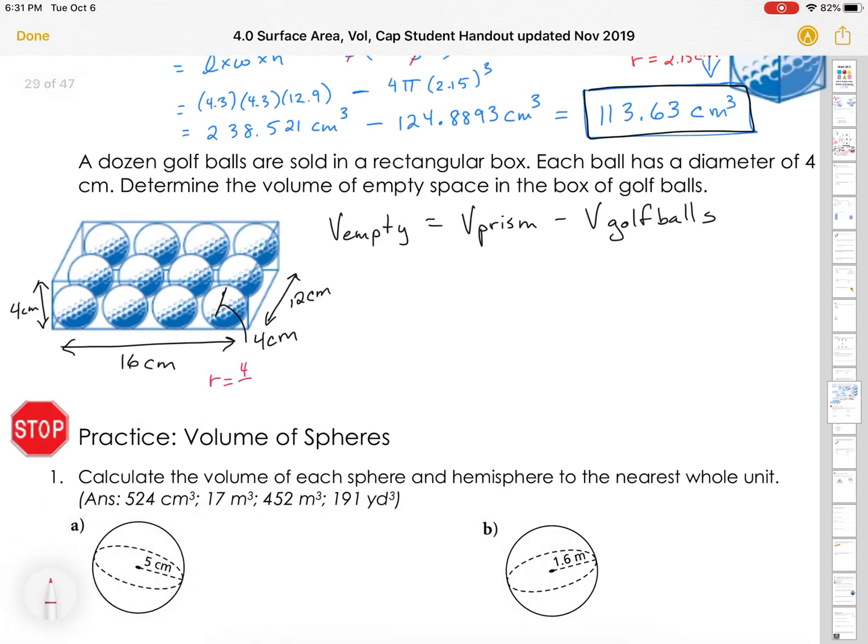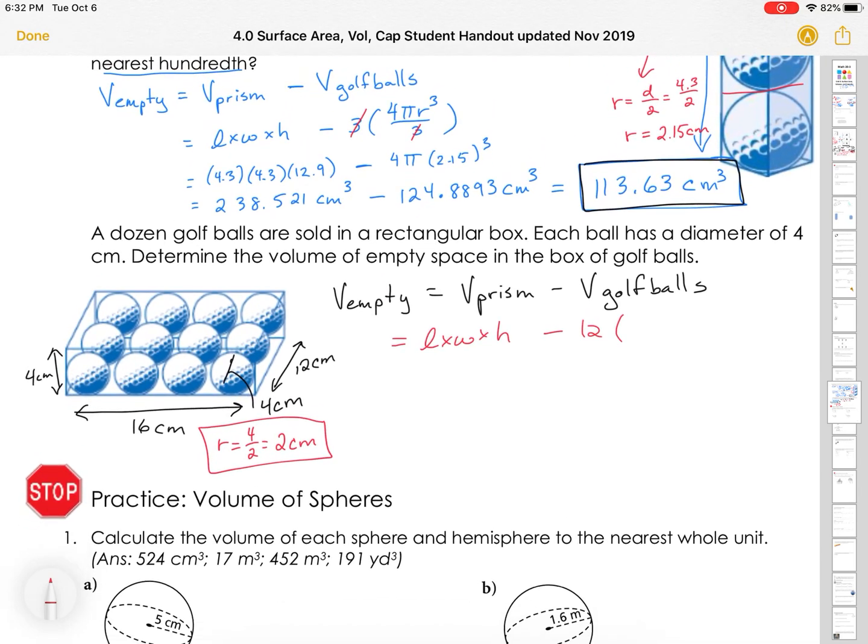I also want to figure out my radius. My radius is actually 4 divided by 2, which is 2 centimeters. So I'm going to need that for my volume of my golf balls. So here, volume of your prism is length times width times height. Yay. Volume of the golf balls, well, I have 12 of them.